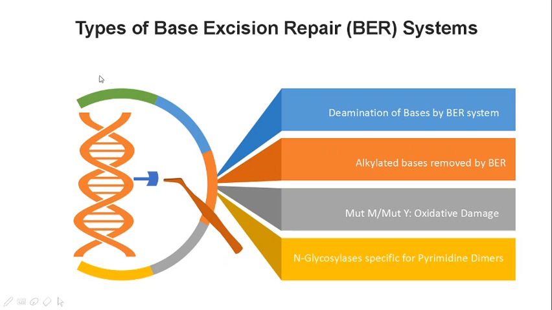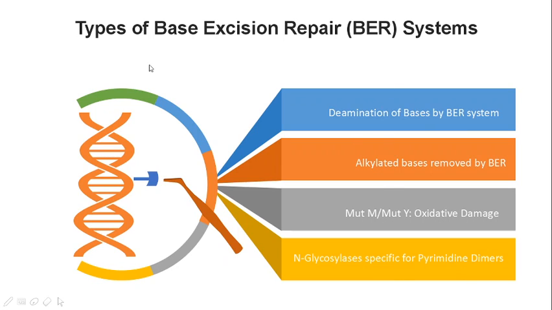There are many types of base excision repair systems: uracil N-glycosylase coupled with AP excision repair, deamination of bases repair, removal of alkylated bases, MutM or MutY oxidative damage repair, and N-glycosylases specific for pyrimidine dimer repair.